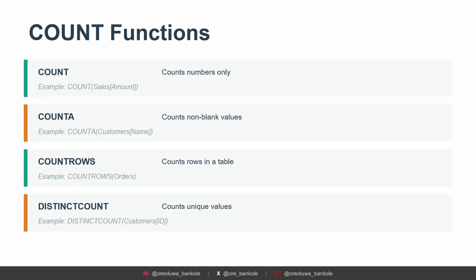Count, again, counts only the numbers. COUNTA counts the non-blank. Non-blank means any row in that column that has any type of value, whether numerical, date, or textual, or any form of data type.